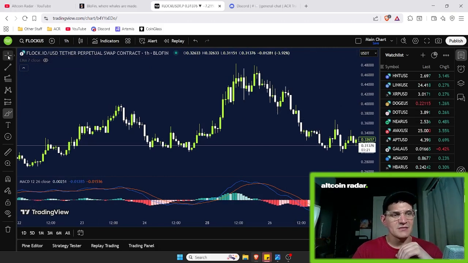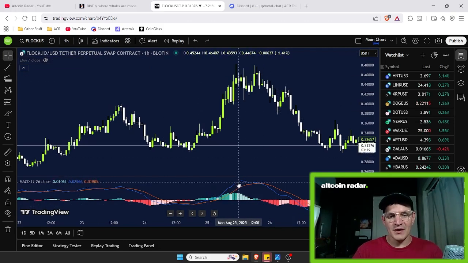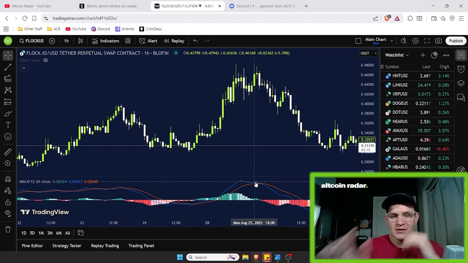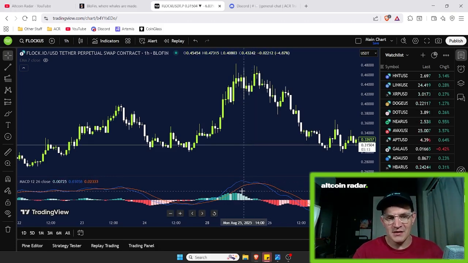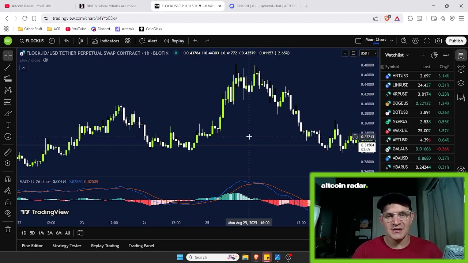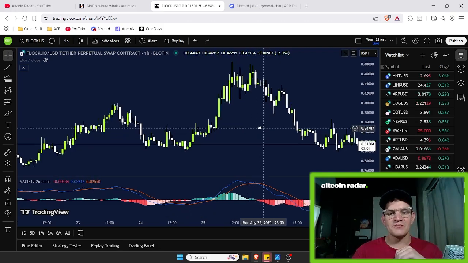And as you can clearly see right here, when the MACD line and signal line started to contract and get smaller, along with the histogram bars getting shorter and shorter in size, that tells us that bullish momentum is weakening and we can expect a downside move to happen very soon.